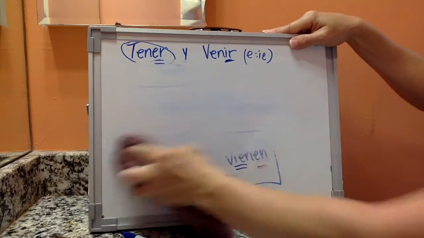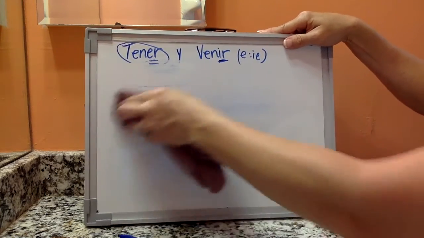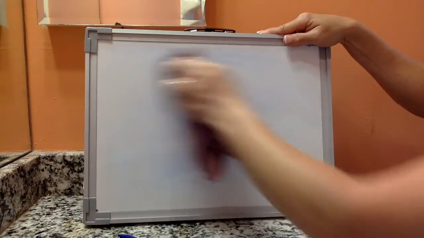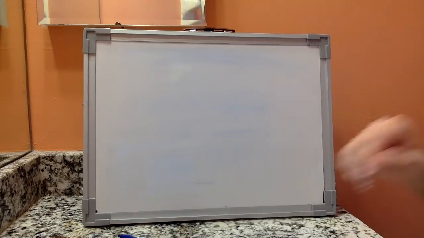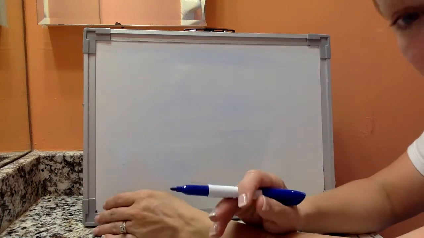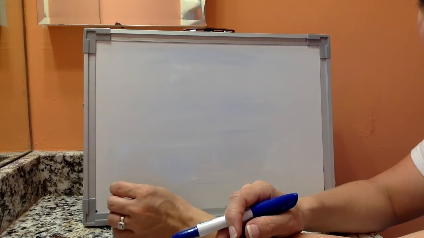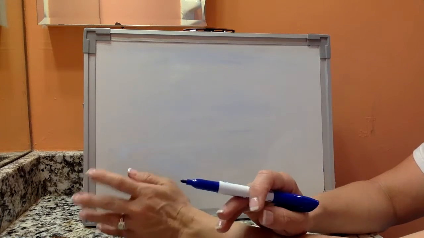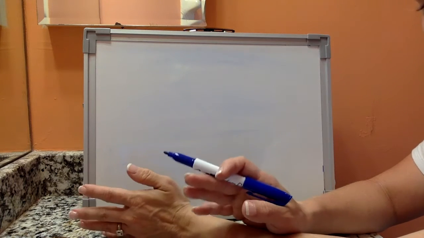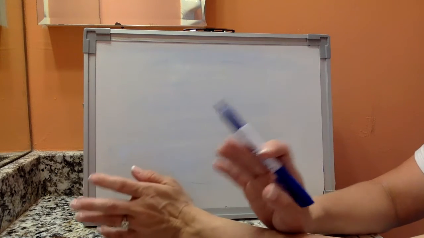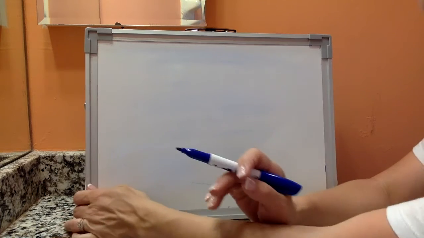Now, the one other thing I want to go over with these verbs are these tener expressions, okay? So, in English, we have a lot of expressions like it's hot, it's cold, you're lucky, things like that. But in Spanish, you have to use the verb tener.